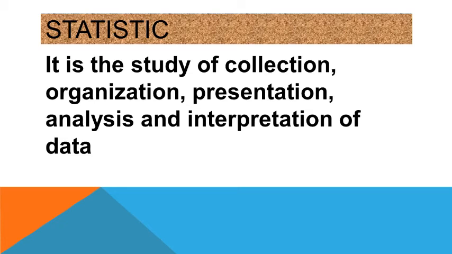Collection means collecting information in the form of numerical figures or a set of different facts, or gathering and recording information and then presenting it in a way that is meaningful to others. Then comes organization. Organization means arrangement of figures in such a form that can be used for further analysis.